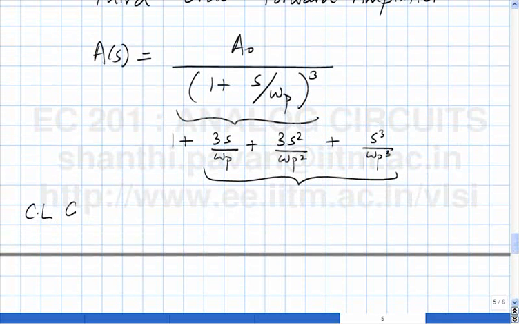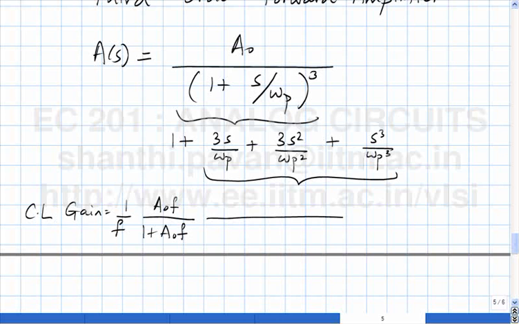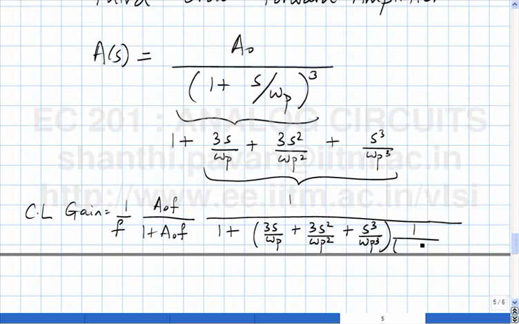The closed loop gain is simply 1 over F times A naught F by 1 plus A naught F divided by 1 plus 3s by omega P plus 3s square by omega P square plus S cube by omega P cube, times 1 over 1 plus A naught.